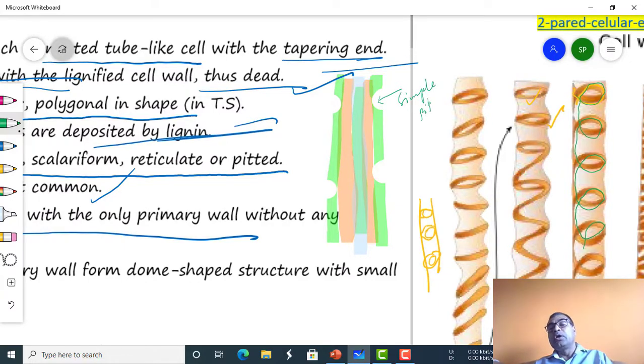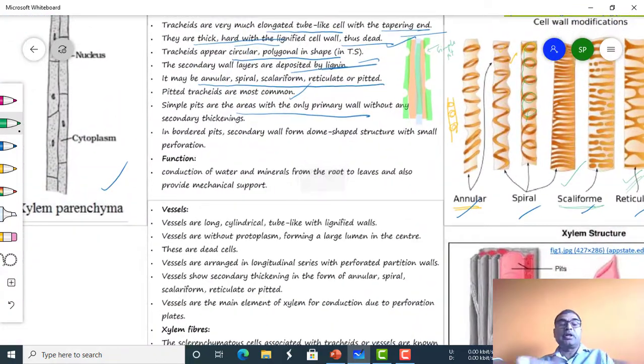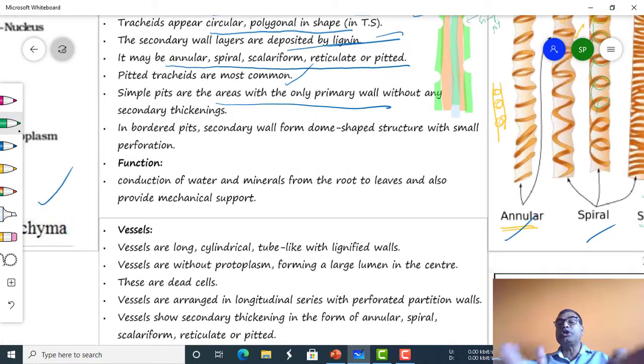So simple pits and bordered pits are present here. In a bordered pit, the secondary wall forms a dome-shaped structure with a small perforation. Just see my previous video on sclerenchyma, and you will come to know about the bordered pits.